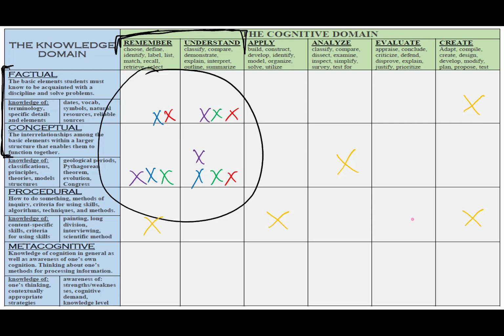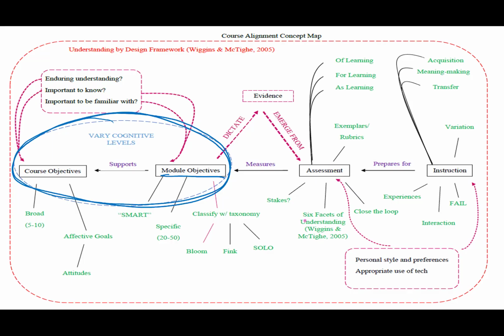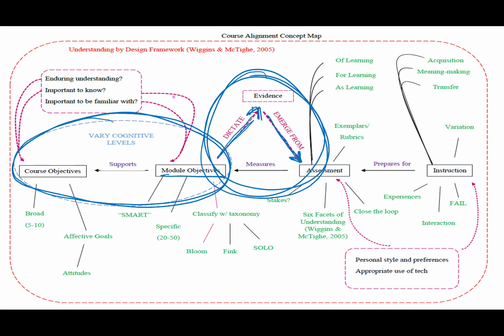So going back to our concept map, the module objectives are going to dictate your evidence, and then the assessment is going to emerge from that. And this classification process really helps us to internalize all of this information, right?